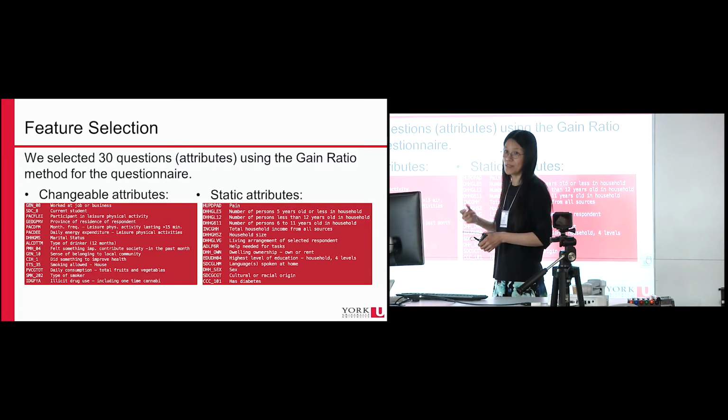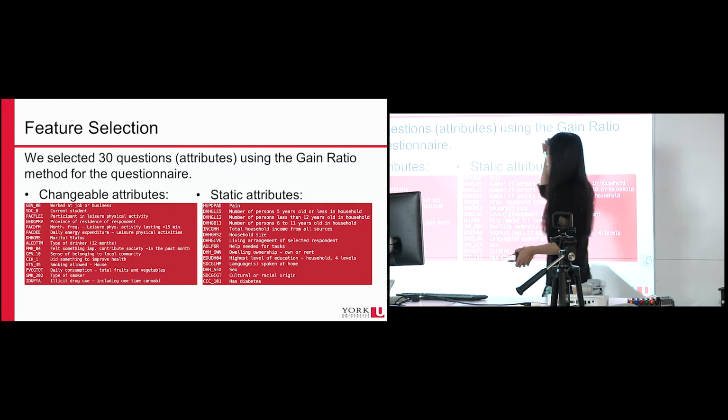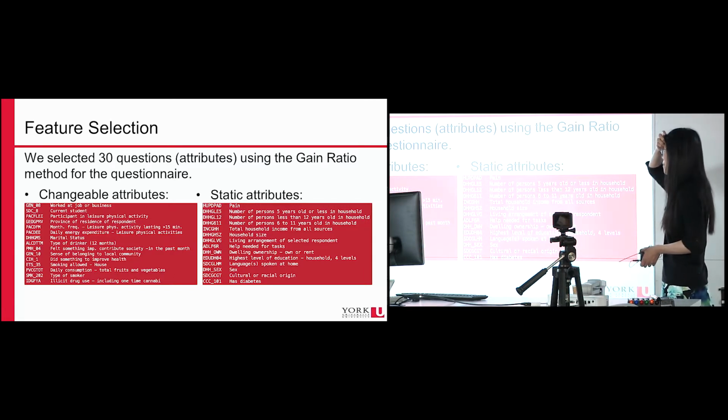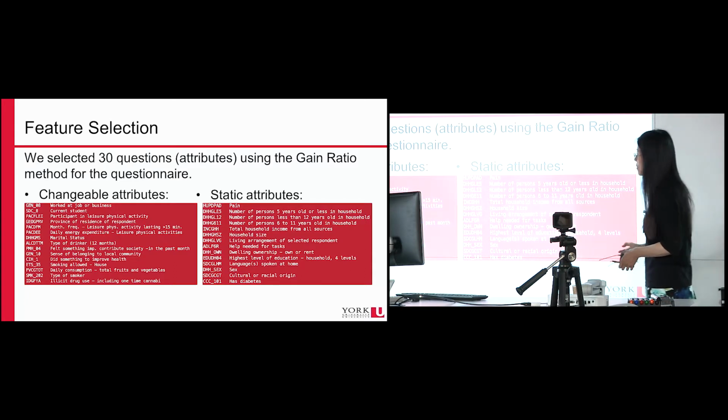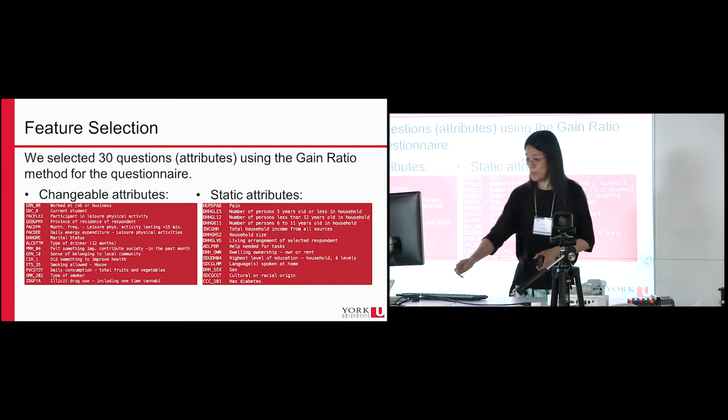So from the data set, we selected the most important 30 questions. The answers to those questions can distinguish the users most significantly, according to whether they are happy or not happy. So we use some attribute selection method to select the 30 attributes, 30 questions. Some of these attributes are changeable, some are not changeable.